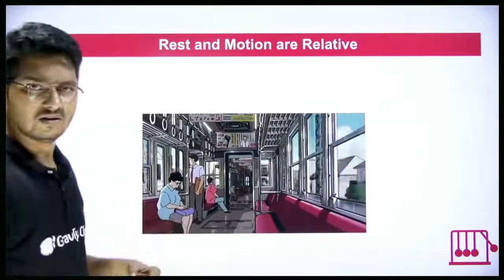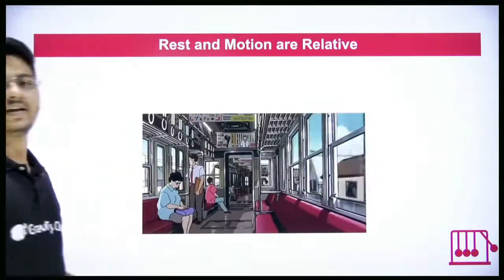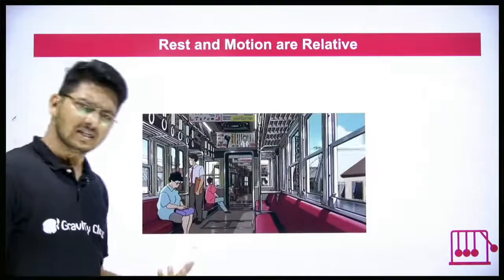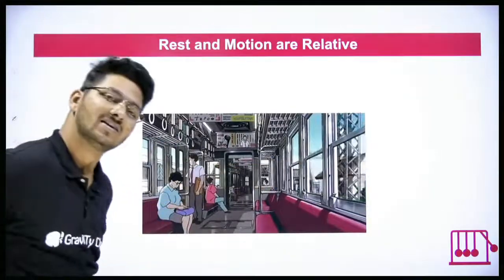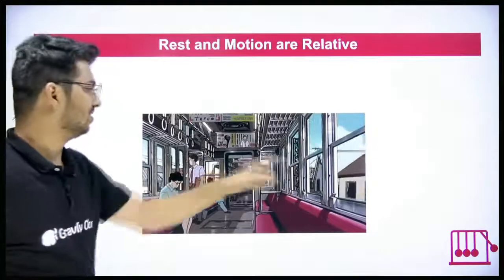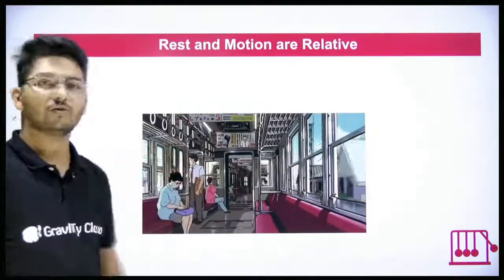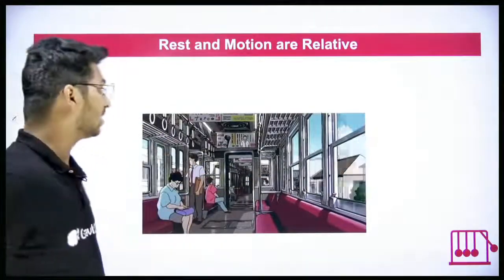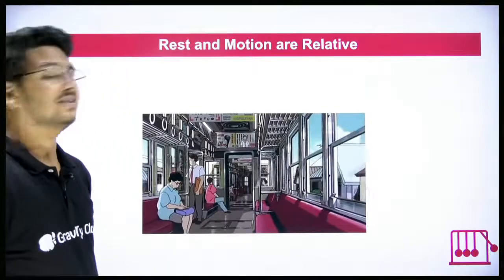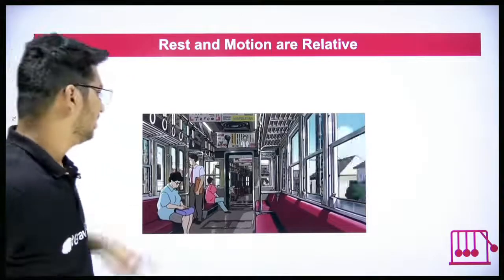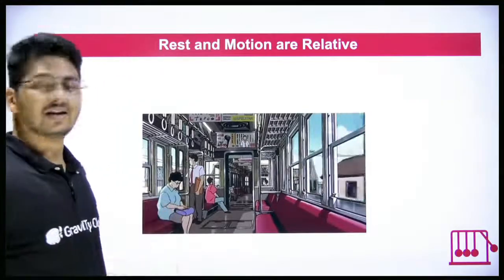Yes? So, another example, a similar one. You can think of it as a train or a metro. The train is traveling and you can see buildings are moving back. See here, the buildings are moving back. Do the buildings actually move back? No, they don't. They appear to move back because we are in the train.